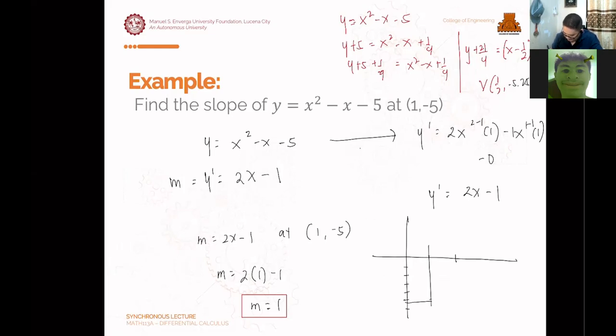Ito yung vertex natin na 1/2, negative 5.25. Then, yung point natin is 1, negative 5. So, somewhere dito. Dapat passing through yan dun sa line na yan. Okay? At iyan yung parabola natin.